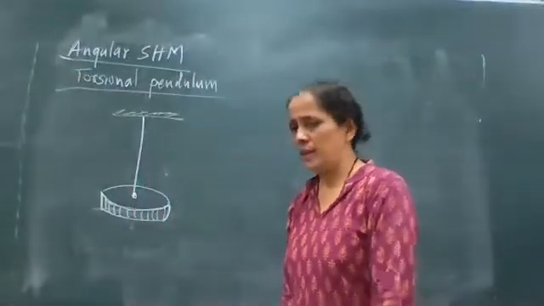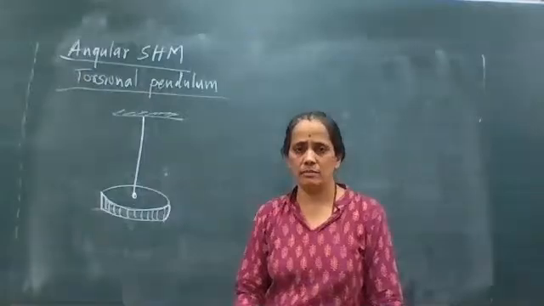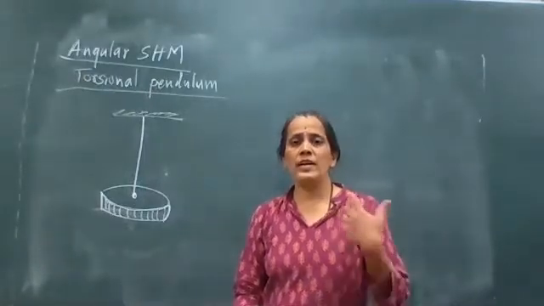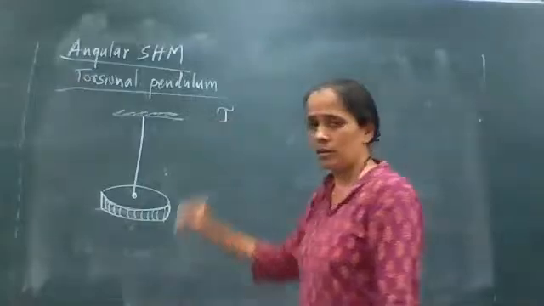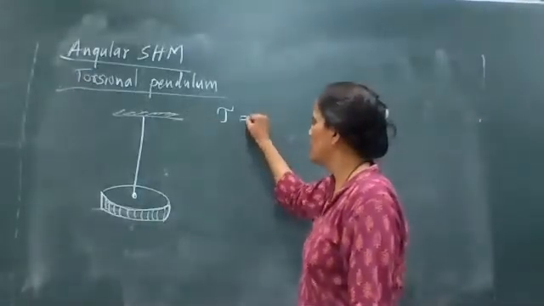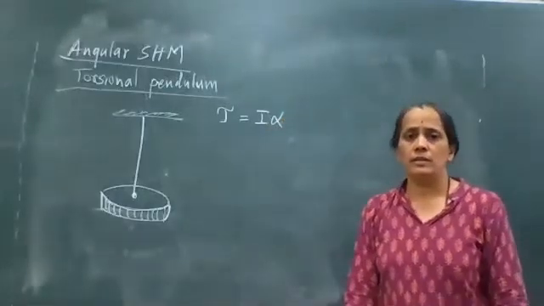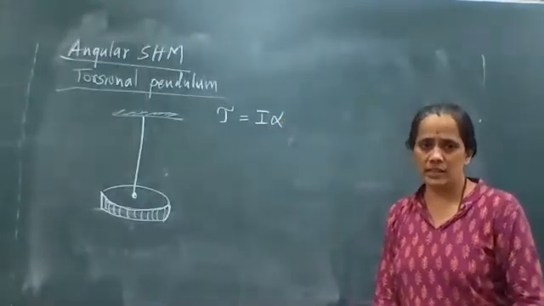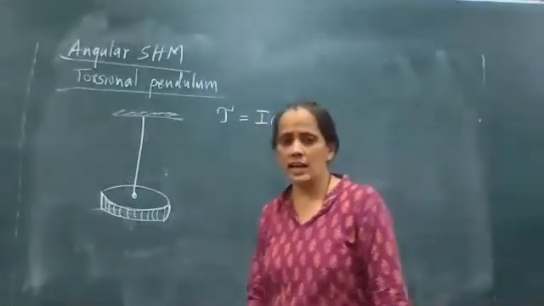Now in this torsional pendulum, when this pendulum starts rotating, for rotational motion, it requires a torque. And this torque is nothing but I into alpha. That we have already studied in your rotational dynamics.